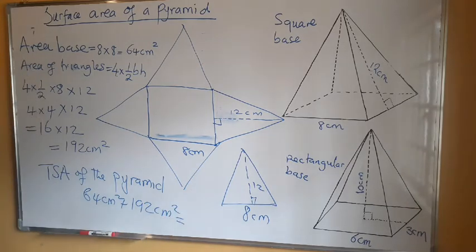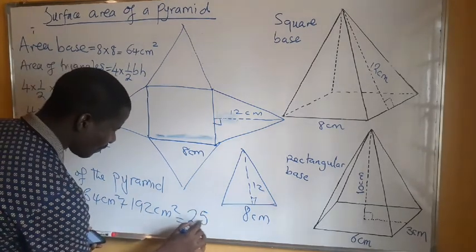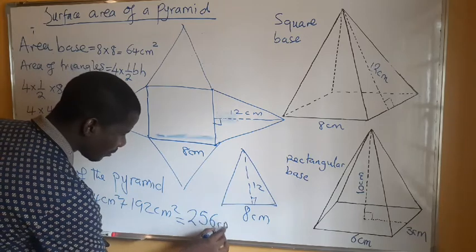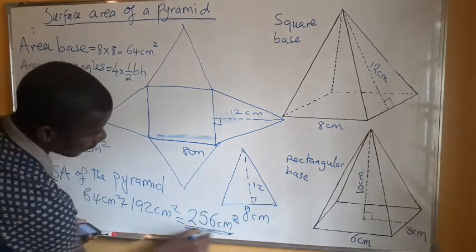What are we going to get? 192 plus 64. We are getting 256 centimeters squared. This is what we are going to get.